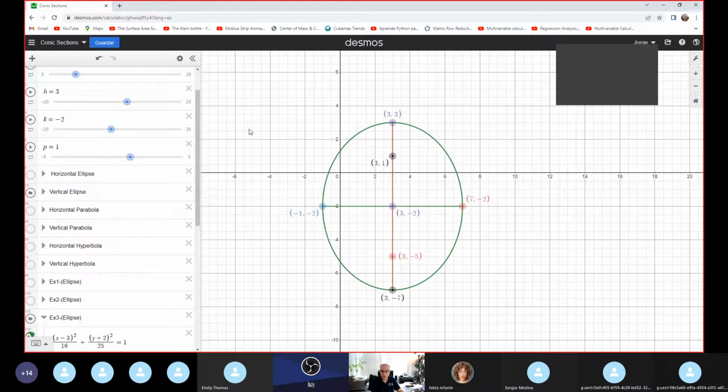Let me try to understand because I am confused. Center, 3, -2. That part I understand. Vertex. The vertex is located at the points 3, 3 and 3, -7. Why? I don't understand why. Because it's 5 units, 5 units up and 5 units downward.